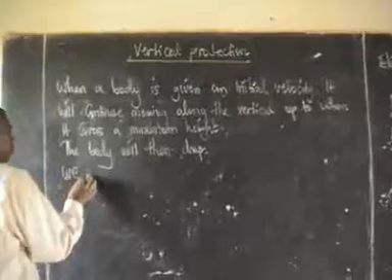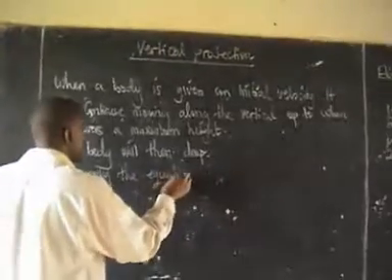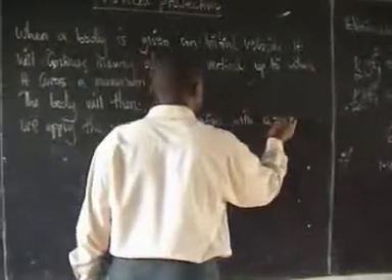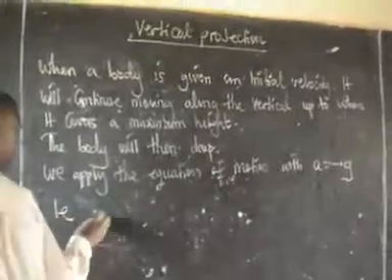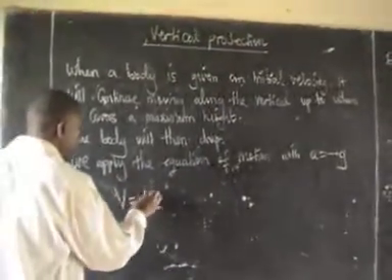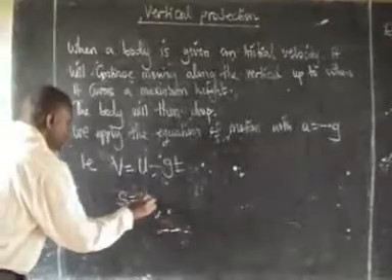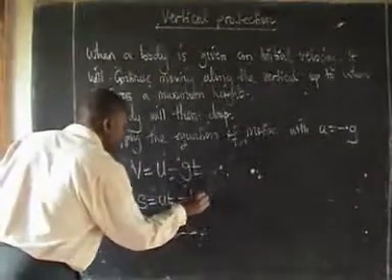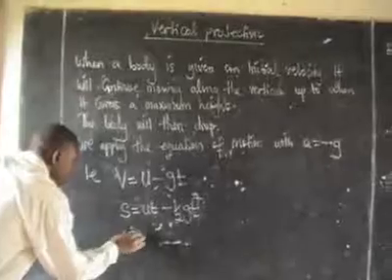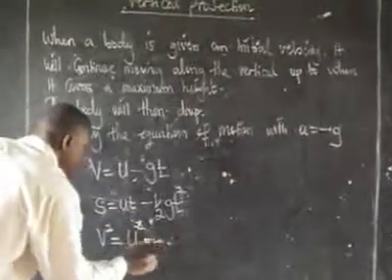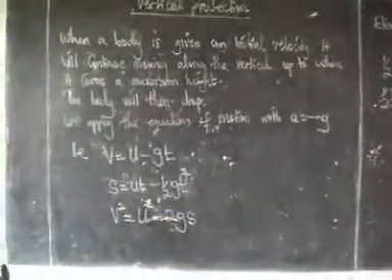So we apply the equations of motion with acceleration equal to negative g, i.e. we shall have v equals u minus gt, s is equal to ut minus a half gt squared, and v squared will equal u squared minus 2gs, where s is the vertical displacement.